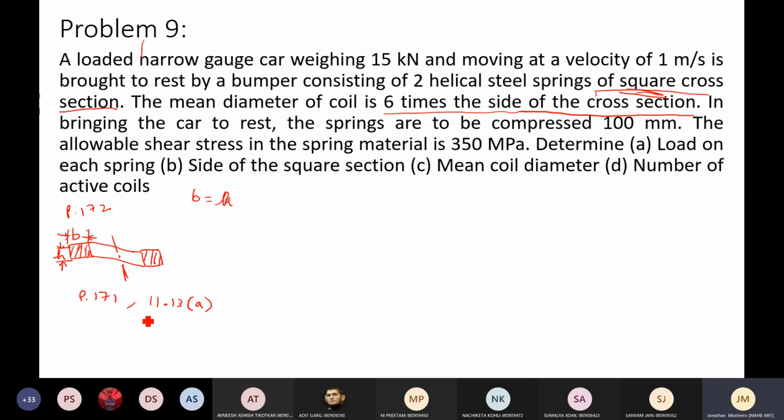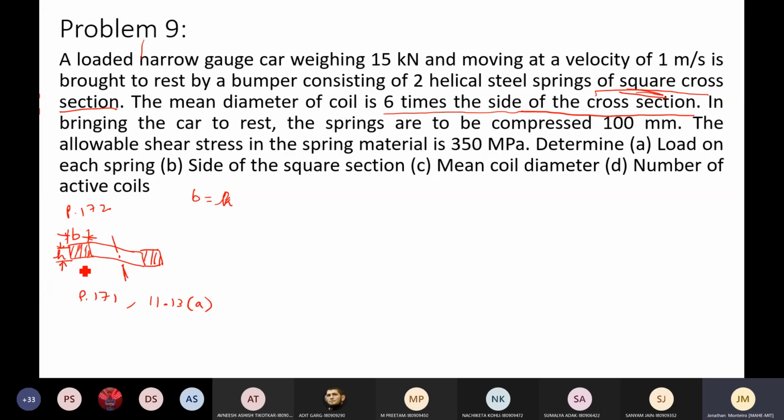That is, if it is not round, then the next best option is having a rectangular cross section spring itself. Now in this particular case, B is equal to H. Otherwise, for a rectangular section, B is different and H is different.